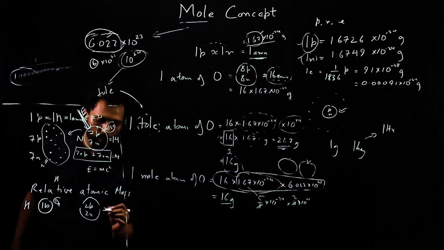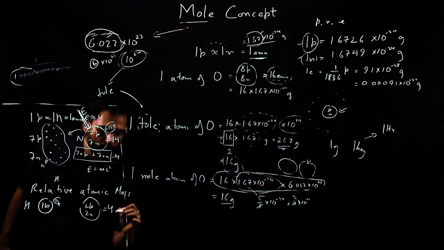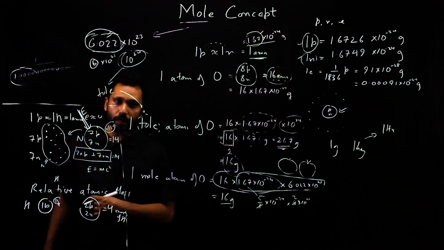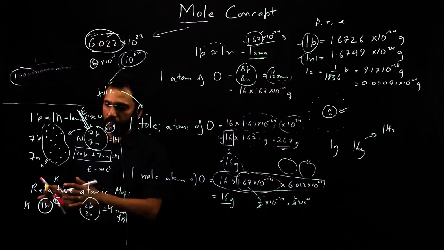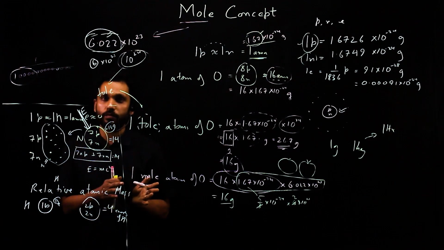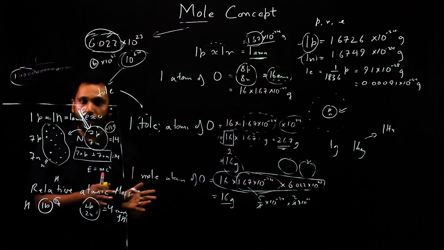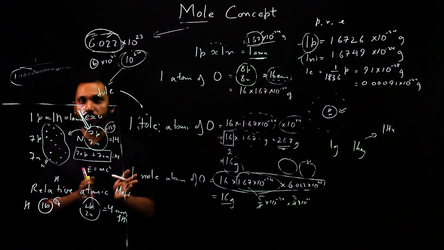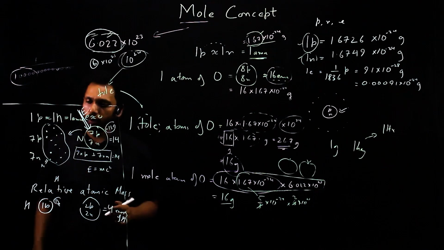So 4 times the mass of the H atom. So that was relative mass with H. So oxygen would be 16 times the mass of a hydrogen atom. Carbon will be 12 times the mass of a hydrogen atom.